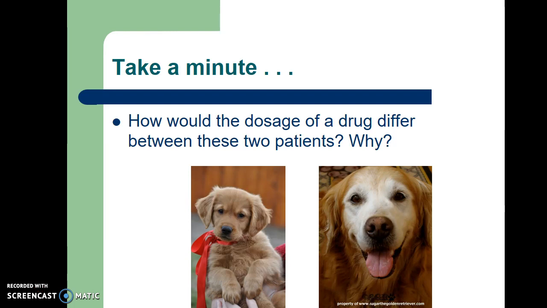So the dosage could be the same in these two animals, or it could be different. So on our left, we have our little puppy, maybe just a few weeks old, still has its present package on it, a ribbon. And then we have our sweet geriatric patient on the right.